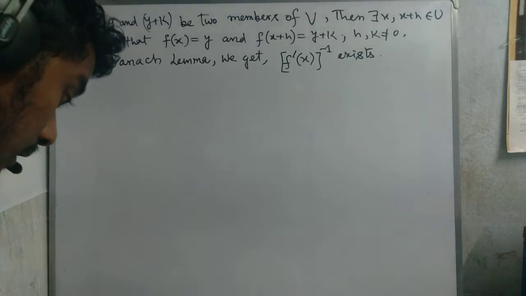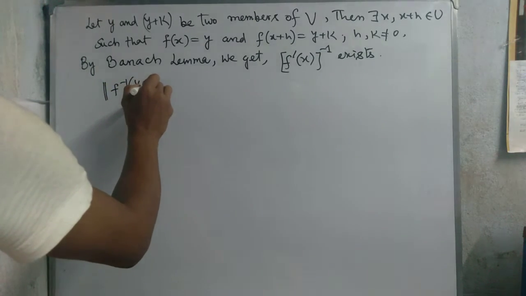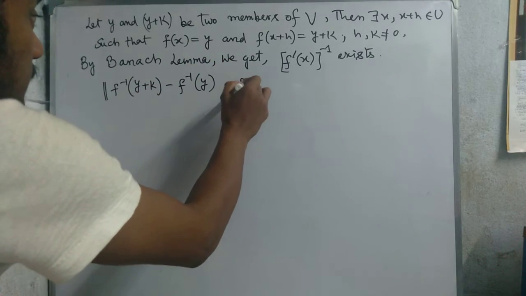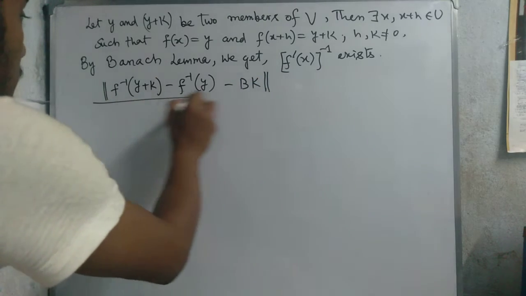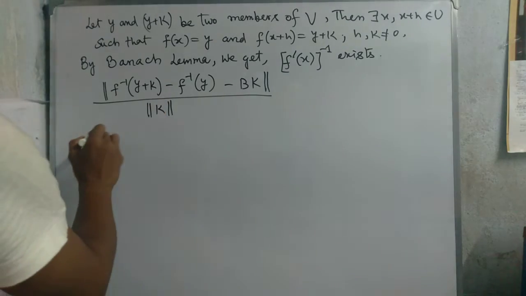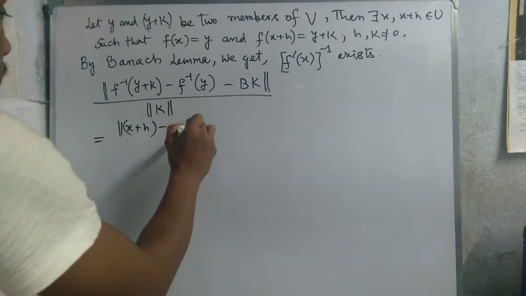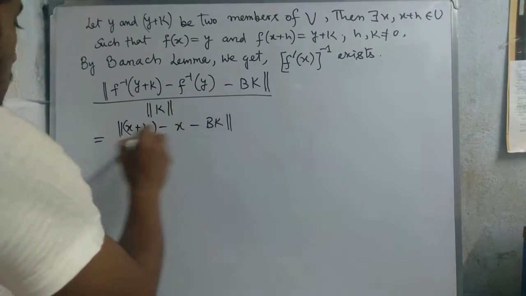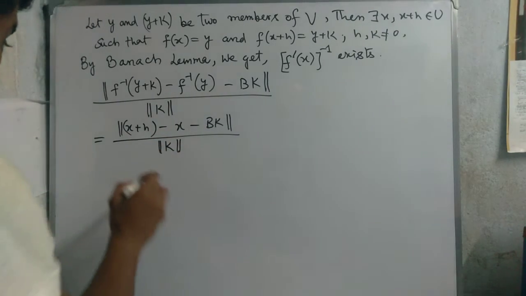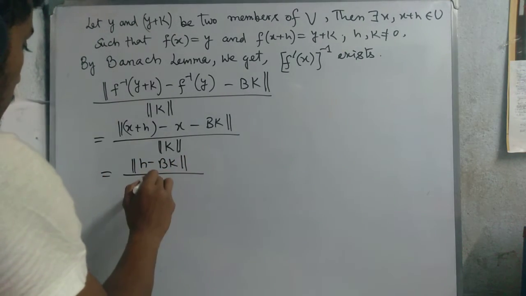Here we write the norm of f inverse(y plus k) minus f inverse(y) minus Bk, divided by the norm of k. This equals the norm of x plus h minus x minus Bk, divided by the norm of k, which equals the norm of h minus Bk divided by the norm of k.